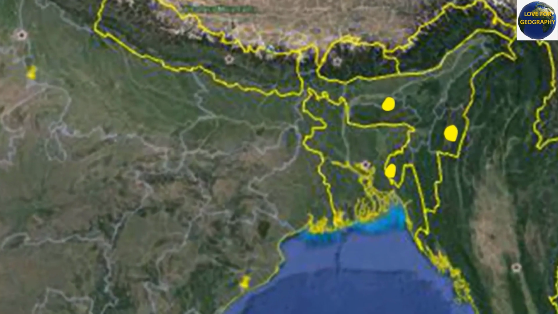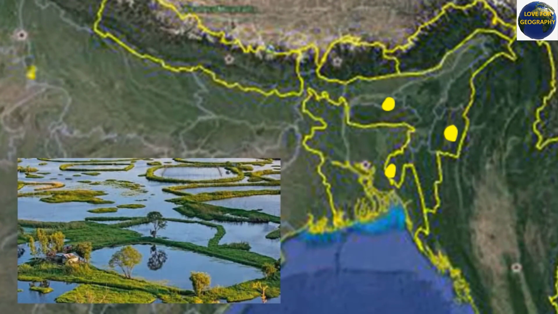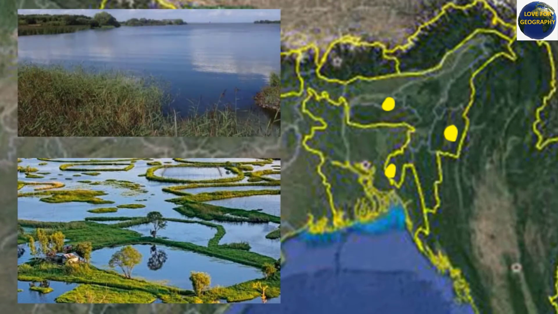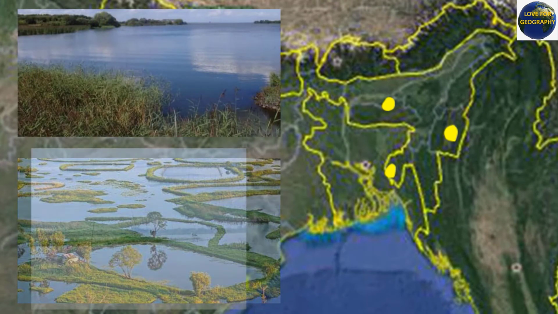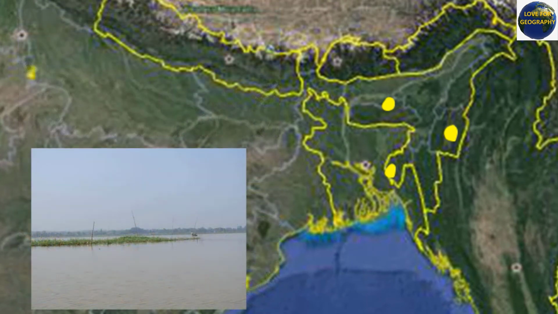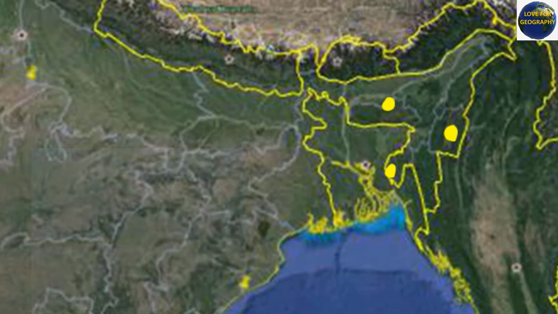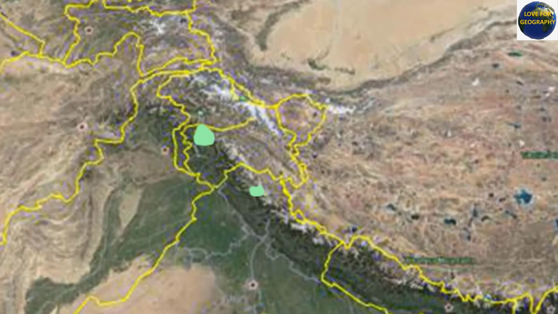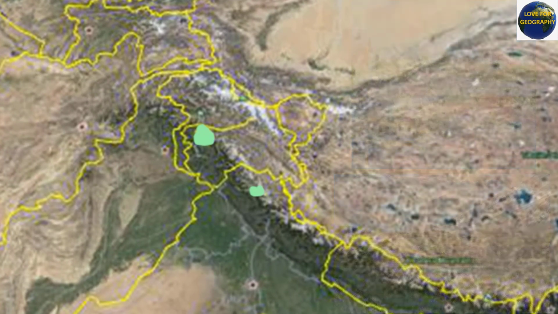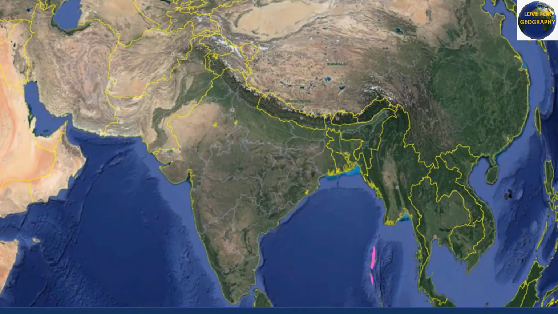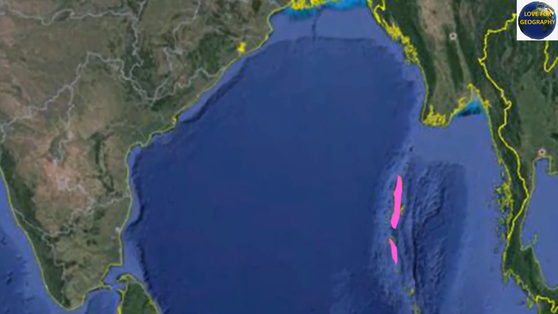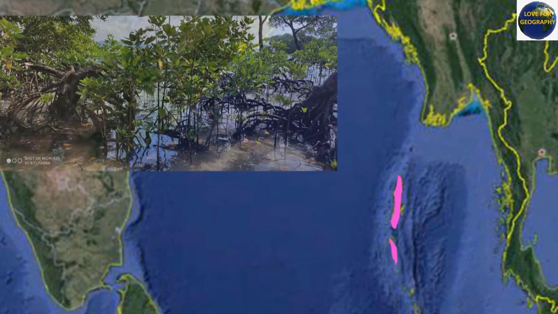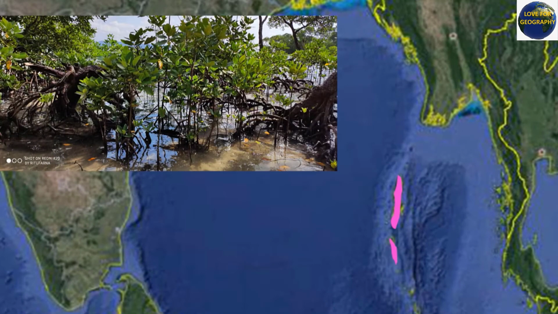Sixth one, the floodplains of Brahmaputra, the marshy land and swamps in the hills of northeastern part of India and obviously the foothills of Himalaya. Seventh one, the lakes and rivers of the mountain region in Kashmir and Ladakh. Eighth one, the mangrove forest and other wetlands in Andaman and Nicobar Islands.